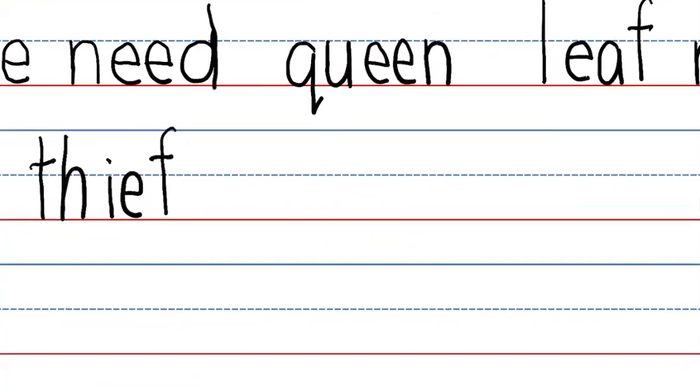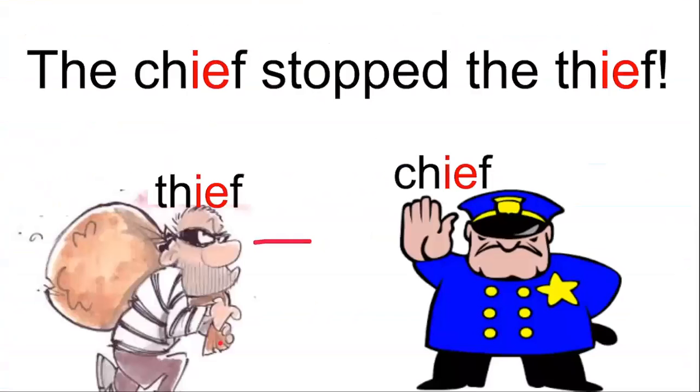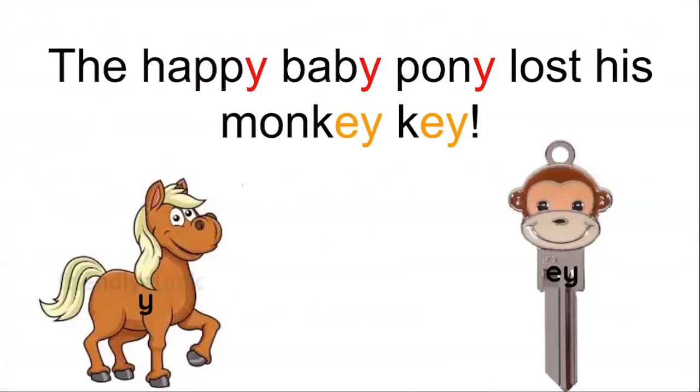Now, the next, we just have a couple of words. So this is when the E sound is at the end of a word. The most common way to spell it is with a Y. Now, we only have the word pony on our list, but can you remember happy and baby? I think you've spelled those words last year.